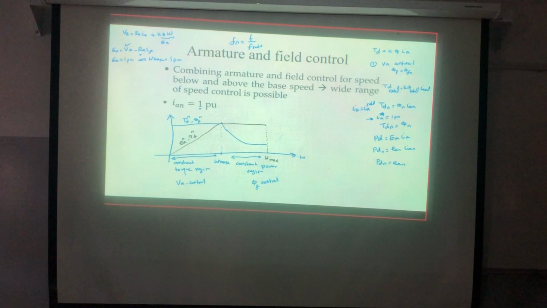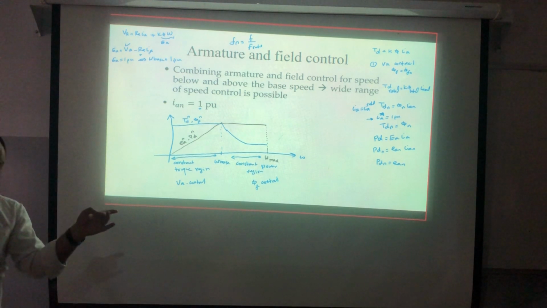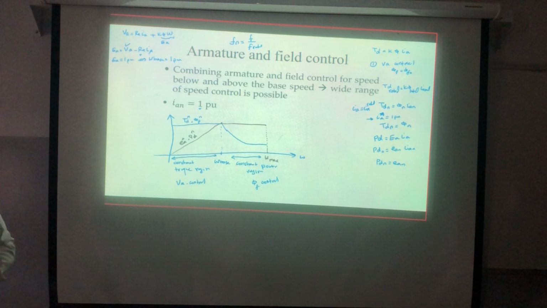This can be linked either to the mechanical constraint. I can give you that the shaft can handle only a certain speed, or I can tell you that the minimum voltage for safe drive in the field cell is 20% of the rated voltage.